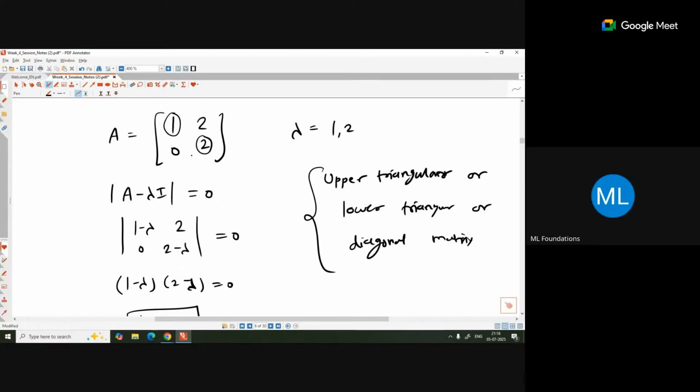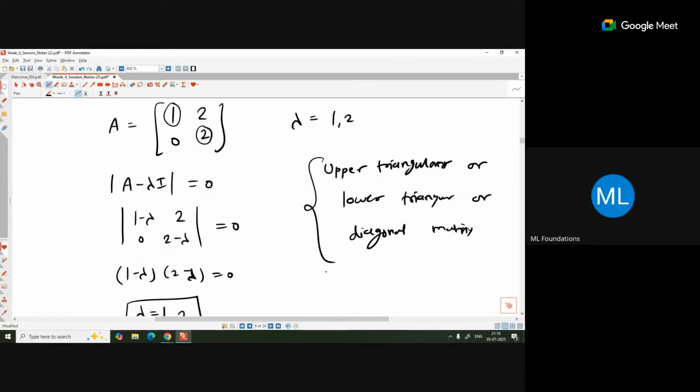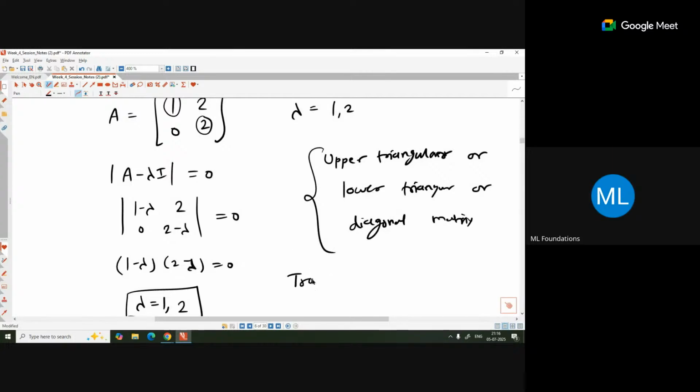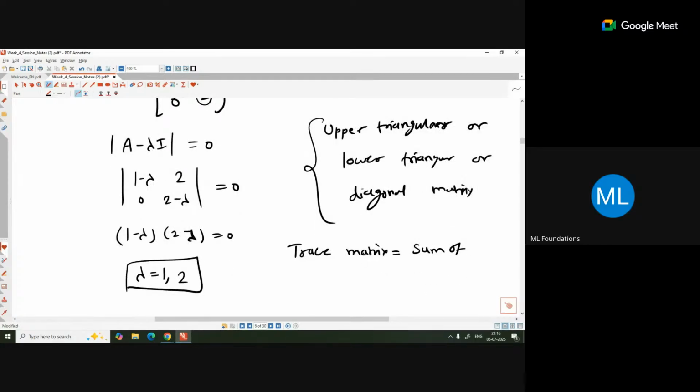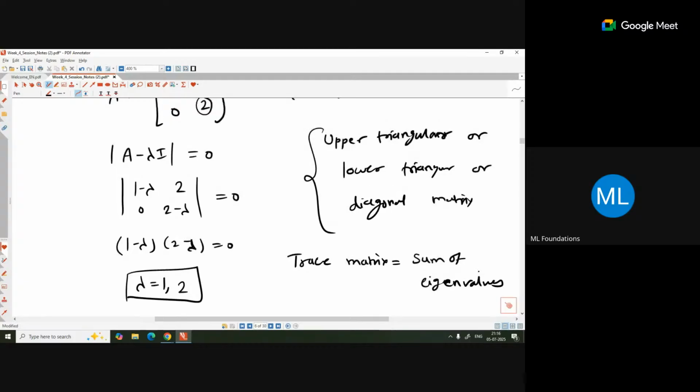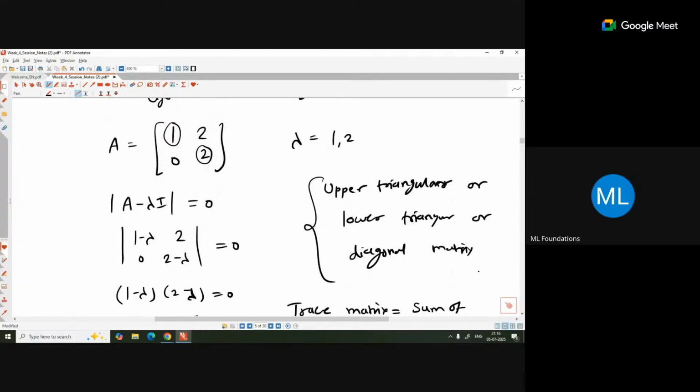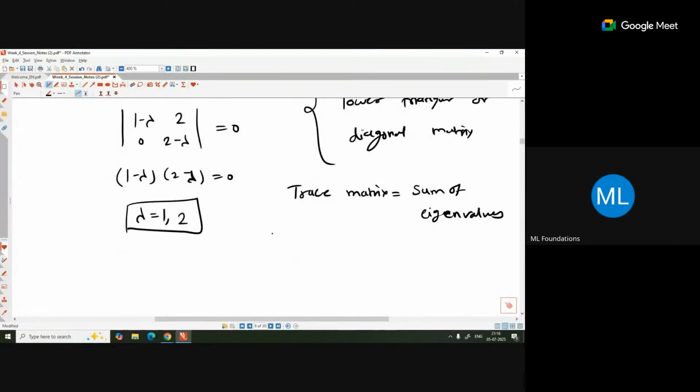One more property you should remember always is that the trace of the matrix should be equal to the sum of eigenvalues. Trace is the sum of all the diagonal elements, and that should be equal to the sum of eigenvalues.